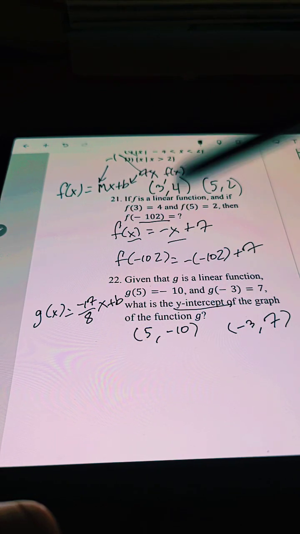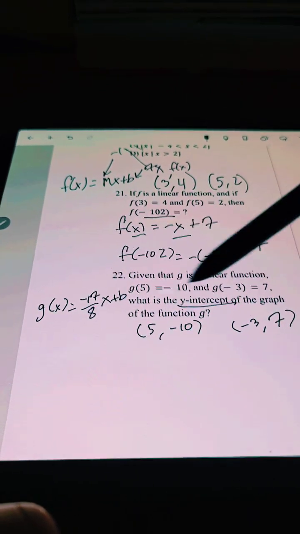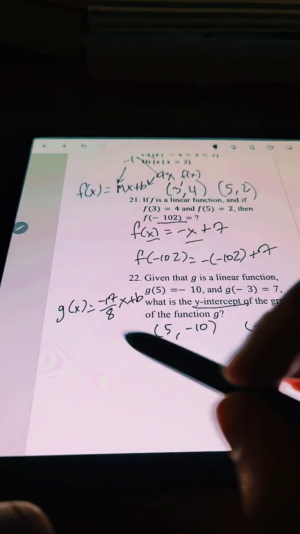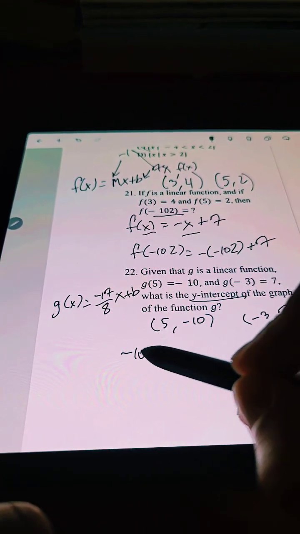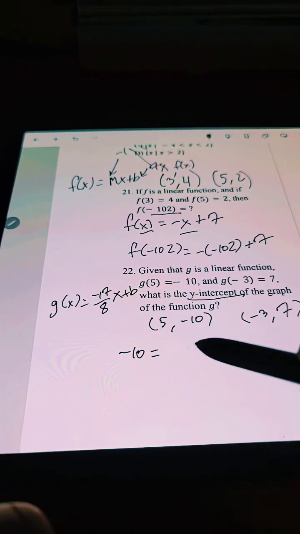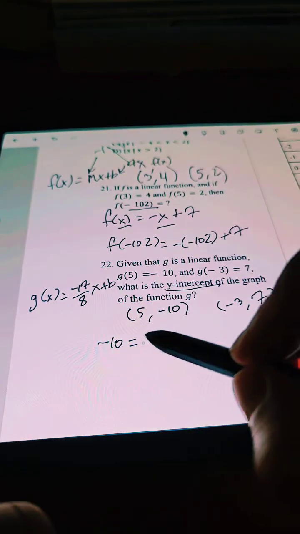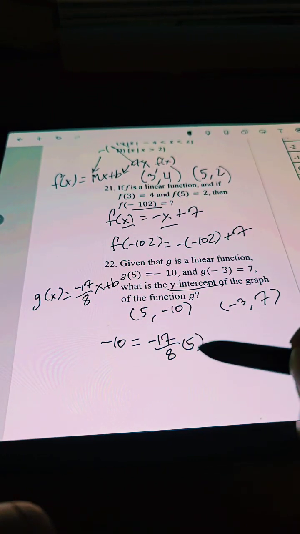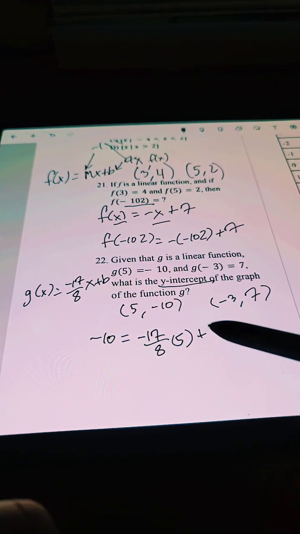Now, just like I did before, I'm going to plug in one of these points. I'm just going to use the 5 comma negative 10. So negative 10 is my g of x that I'm going to plug in, and 5 is going to be my x. So I'm going to have negative 17/8 times 5, and then plus b.